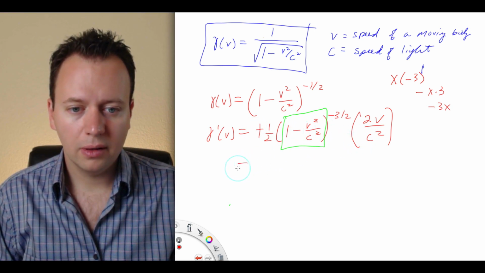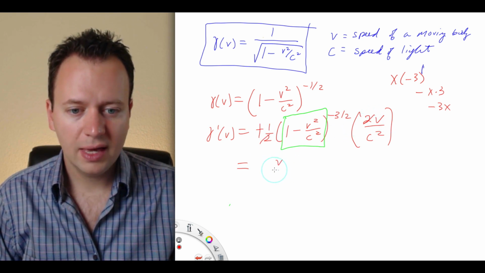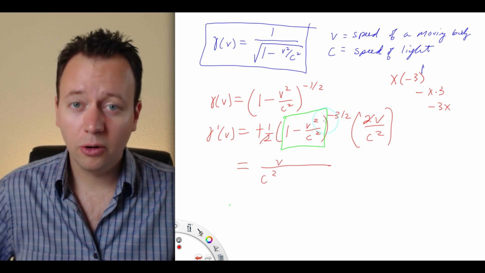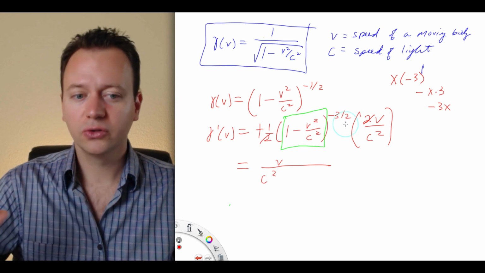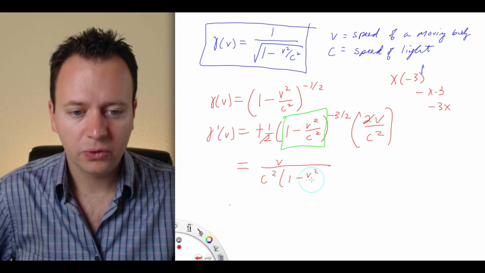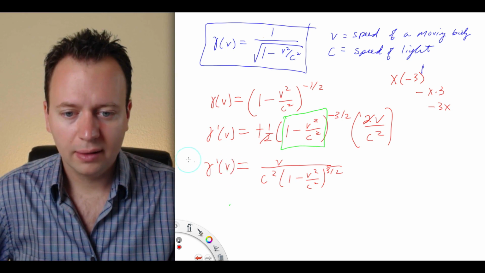And then putting this together, the 2's cancel. So we have v over c squared. The minus here puts it to the denominator. The 3/2, the 1/2 you can do the square root, and then the 3 could be cubed. Or you can just write 1 minus v squared over c squared to the 3/2 like that. So that is gamma prime of v.